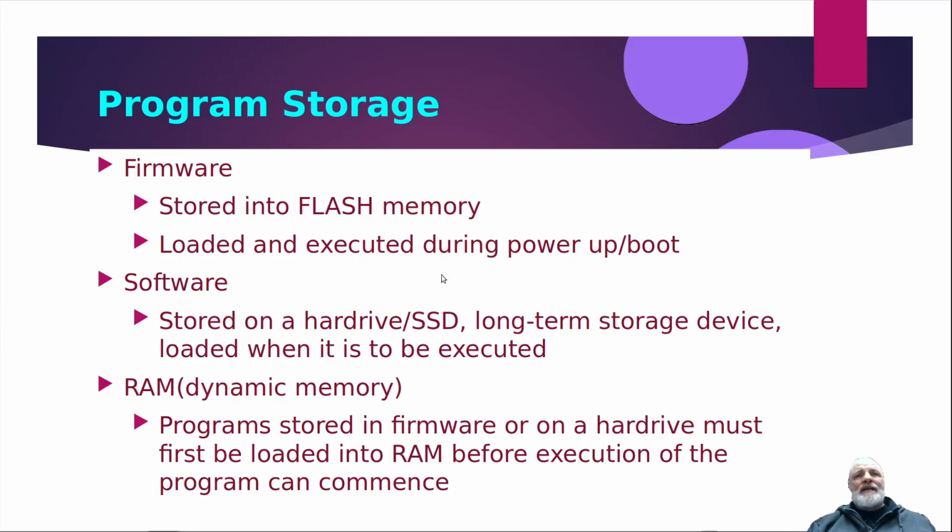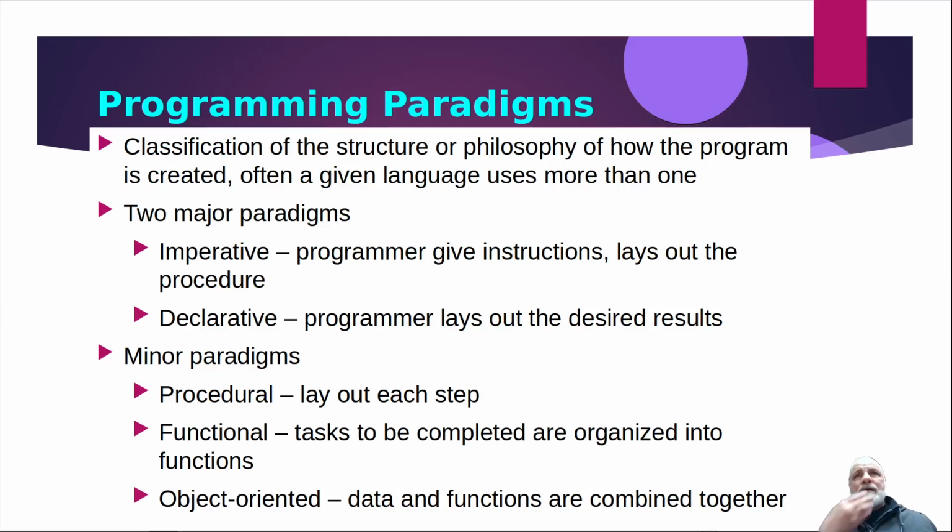Typically the hard drive or SSD type of storage is sequential data, so you have to get it in order, and so the program needs to get it into the random access location so it can go back and forth to different locations to get the data as it needs.